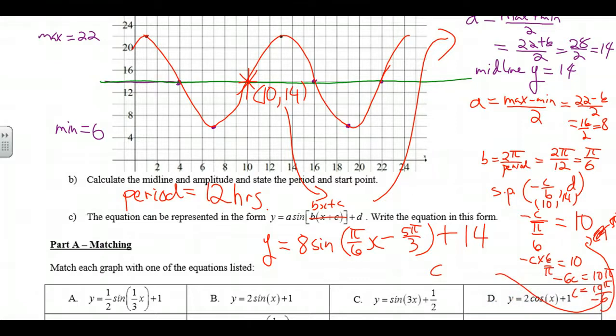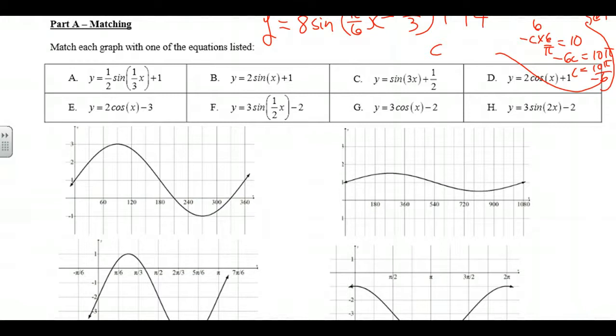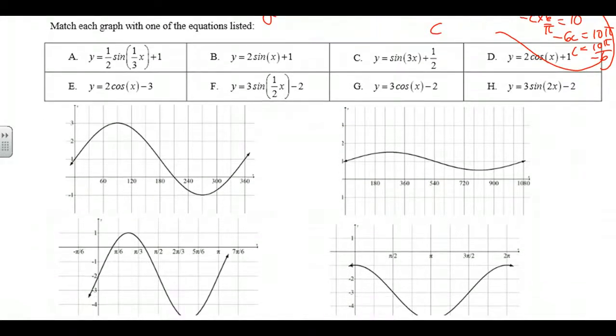All right, so what's actually important right now? In part A, match each graph with one of the equations listed. So go through this and figure out what you know about each one. What I would do first is look at the amplitude. After the amplitude, look for the midline. If the midline is 1, then it's one of these three.